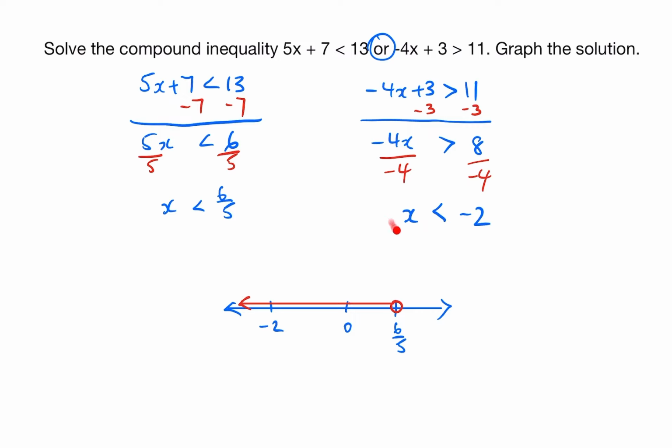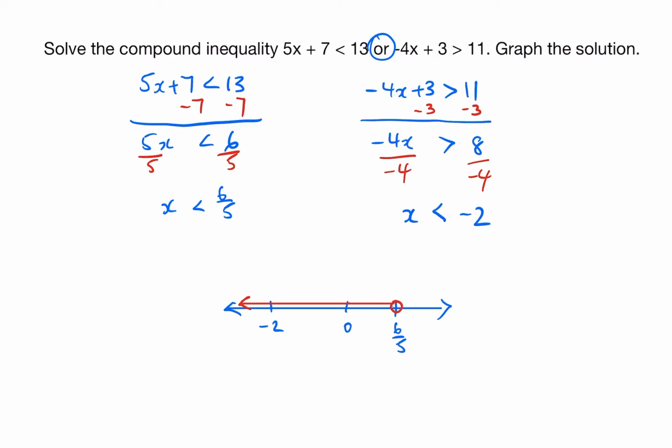Because this solution is part of this solution, which came from here, we won't need to graph this. The reason we won't need to do that is because this is an OR situation. So as long as one of the conditions is true, then we are okay with this.